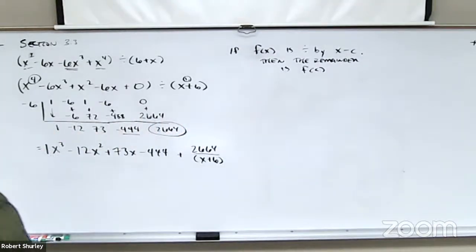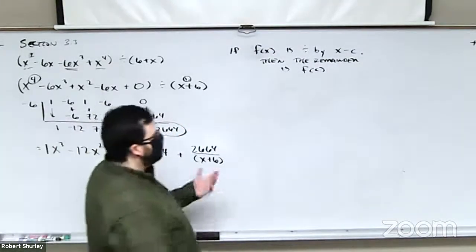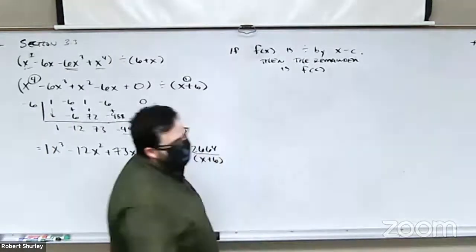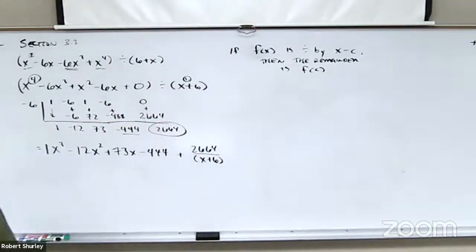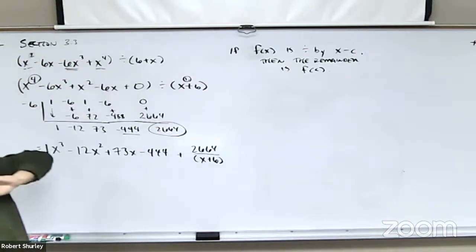If f of x is divided by some binomial x minus c, the remainder is f of c. Now, I'm going to use our last example here.